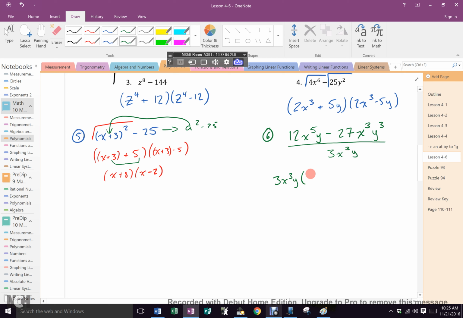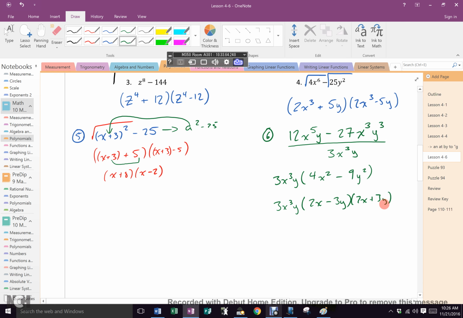What's 12 divided by 3? 4. X to the 5th divided by x to the 3rd? X squared. 27 divided by 3? 9. Y to the 3rd divided by y? Y squared. Now can you do it? You're going to get 3x cubed y, 2x minus 3y, 2x plus 3y.